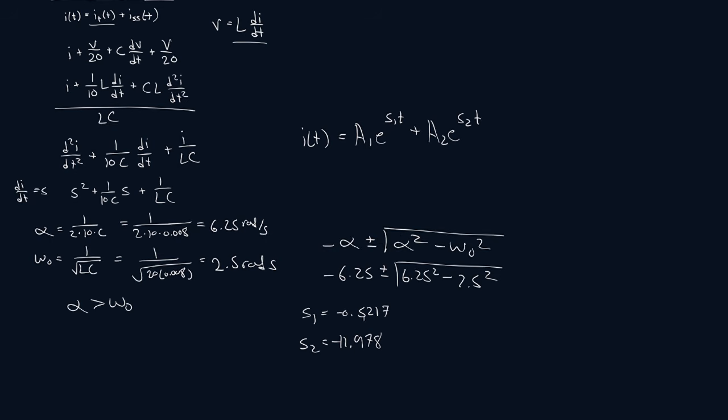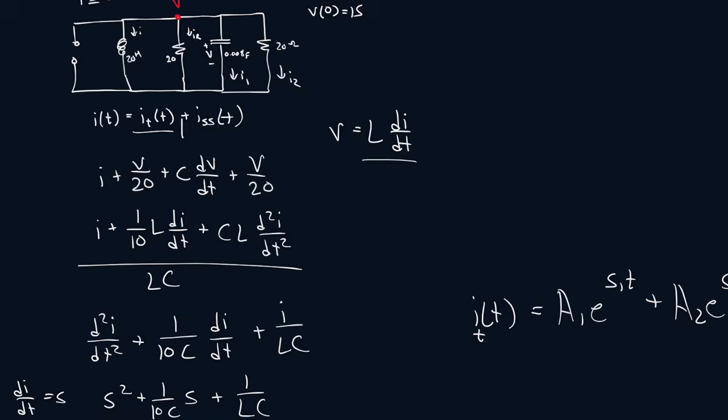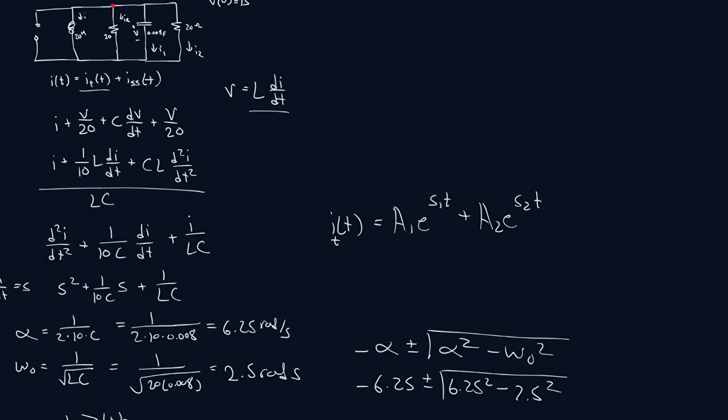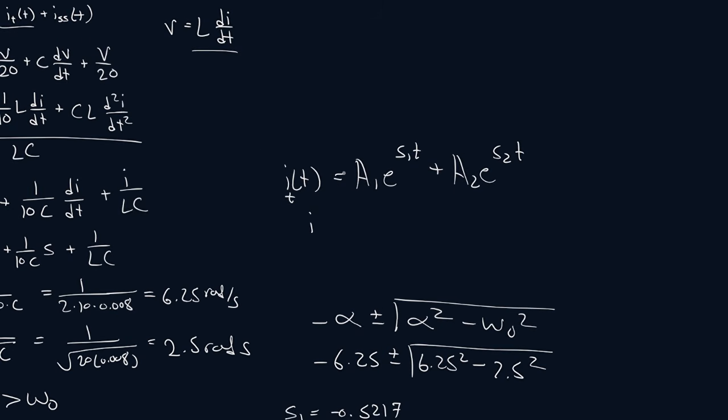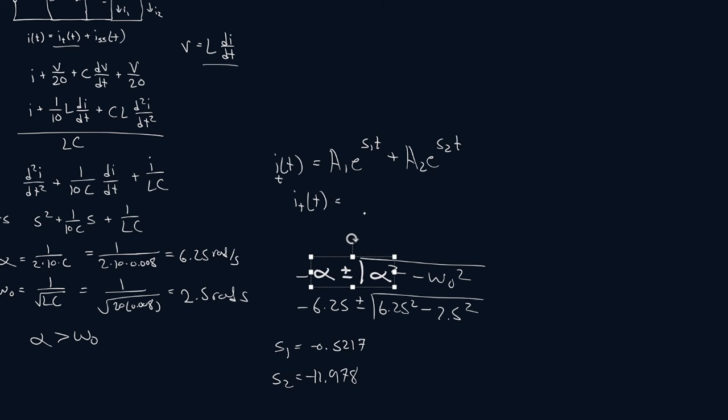And this is I transient t. So that's pretty much this part. Then we have to find steady state I. So this will just be A1 times e to the power of minus 0.5217 t plus A2 e times minus 11.978 t.